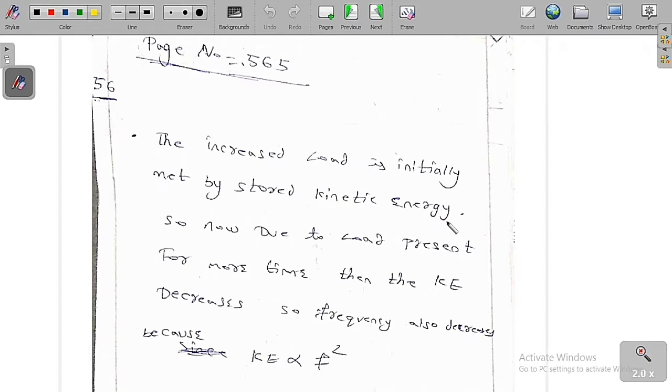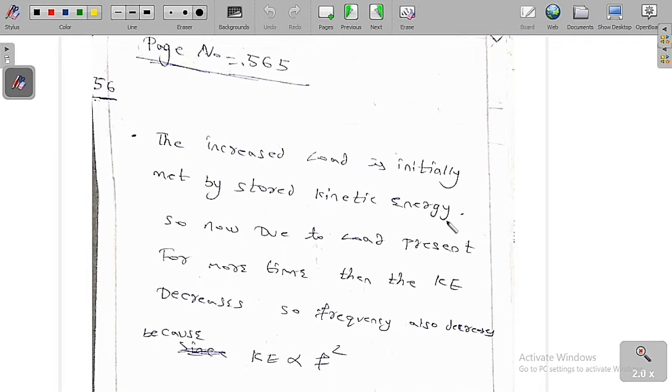Then, if the load is present for more time, the kinetic energy decreases, so the frequency also decreases, because kinetic energy is always directly proportional to the square of the frequency.